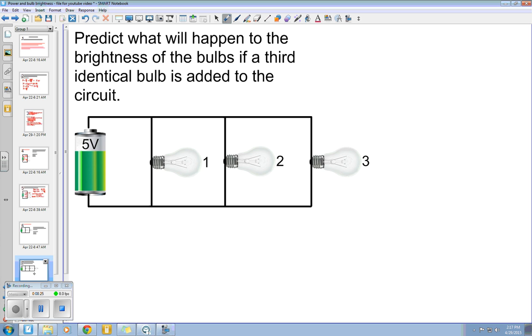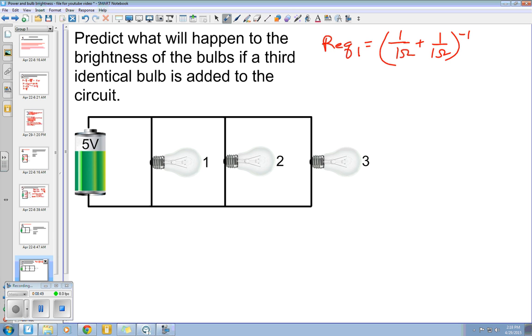This gets a little complex because we have to consider several different things. First of all, REQ of circuit 1 is equal to 1 over 1, let's just say they're 1 ohm resistors, plus 1 over 1, inverse.